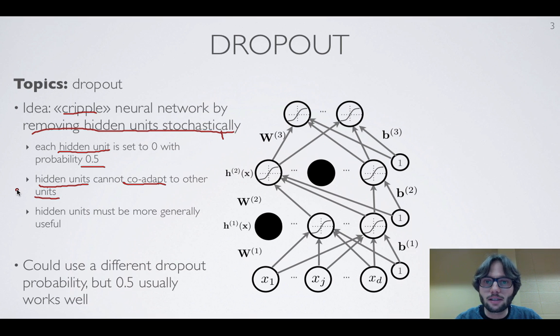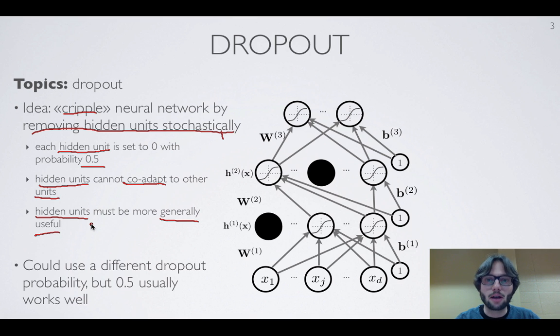By breaking this co-adaptation behavior, the idea is that each hidden unit will be forced to focus on extracting a feature which is useful in general, and not just when used in combination with all hidden units.